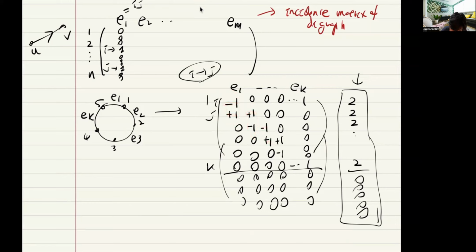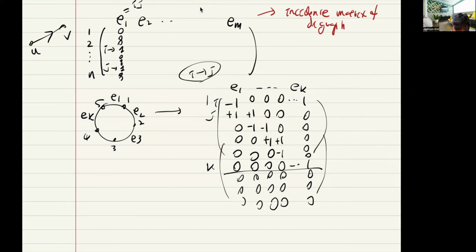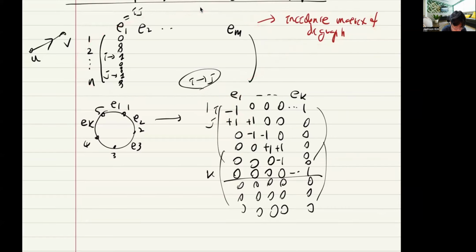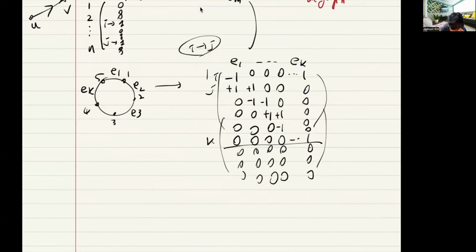In this case, we take these edges and multiply either plus 1 or minus 1 and add them, then we get 0. So we get the linear dependency. Using this, we can relate the linear dependency and cycles in this incidence matrix of the oriented graph.